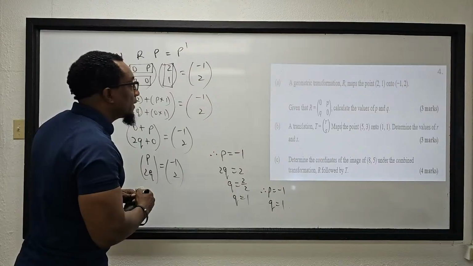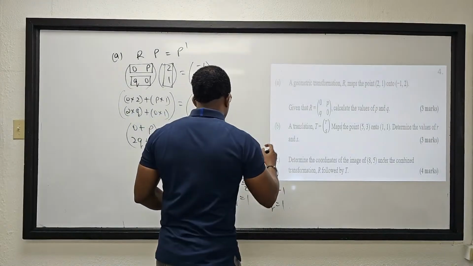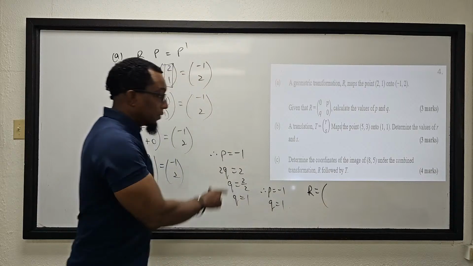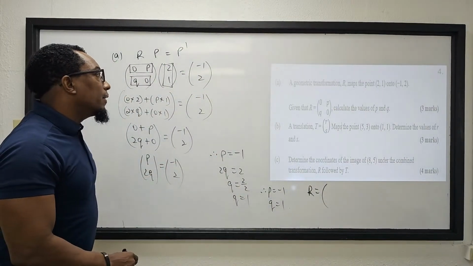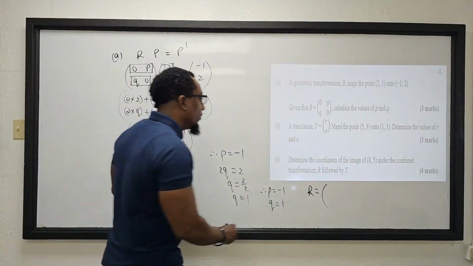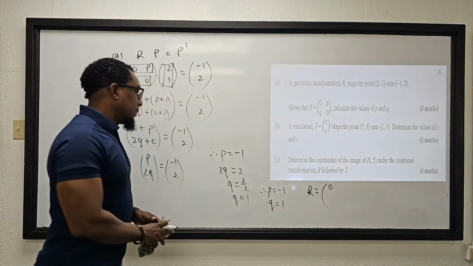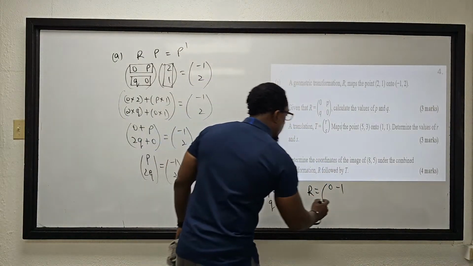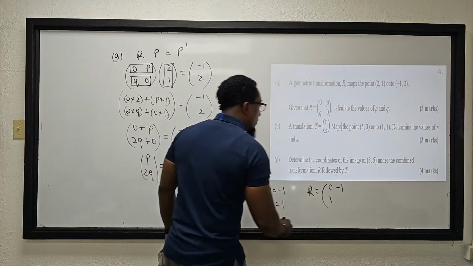So let me state what R is here. So we know R, so I'm going to make sure I put what R is here. Looking at part C, R is the matrix (0, P; Q, 0), with P being -1 and Q being 1.